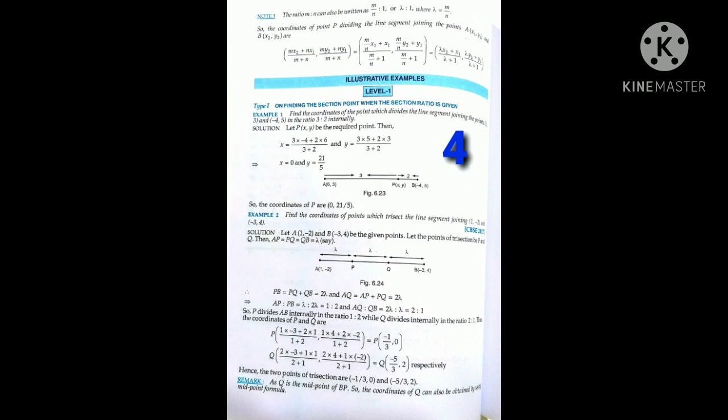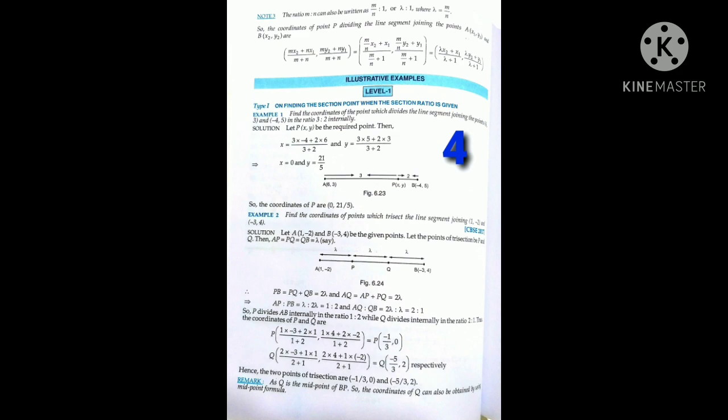Let A (1, -2) and B (-3, 4) be the given points, and let the points of trisection be P and Q. Trisection means that these 2 points will divide AB into 3 equal parts. That is, AP is equal to PQ is equal to QB is equal to lambda.